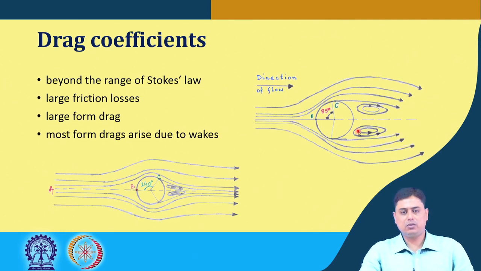We have also refreshed our memory about Stokes law, and having understood it, we have seen its applicability. With this applicability, we can now see that beyond this region there is separation of the streamlines and separation of flow, and that leads to some interesting phenomena which we will see later.